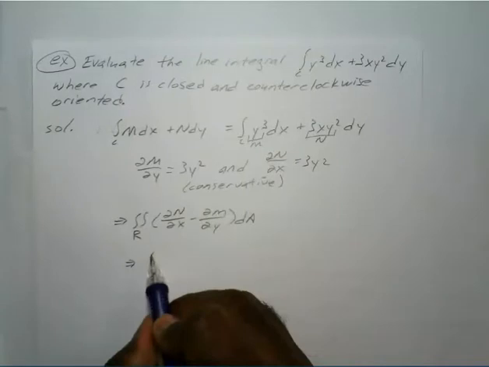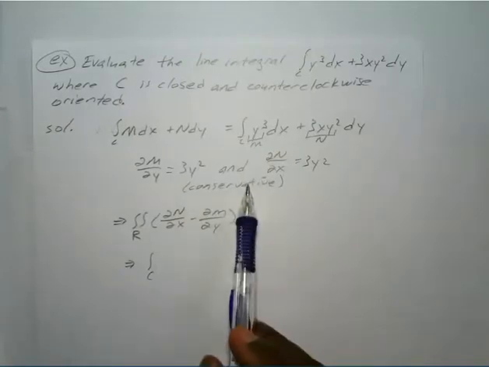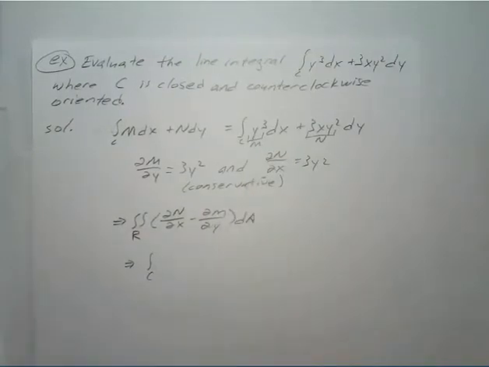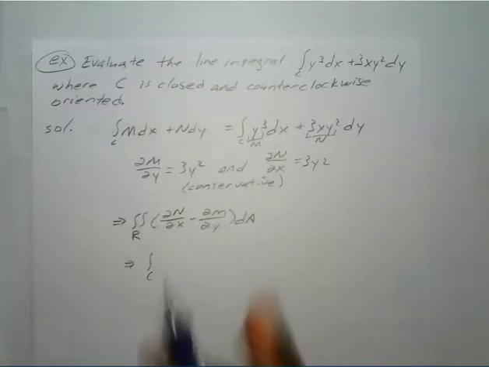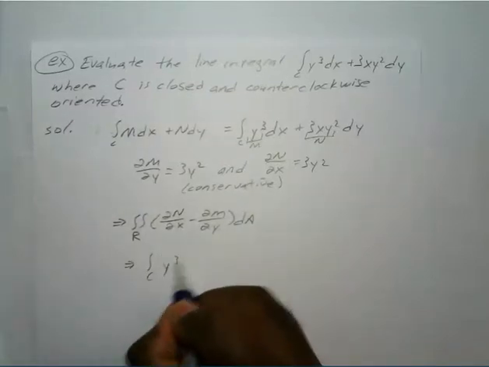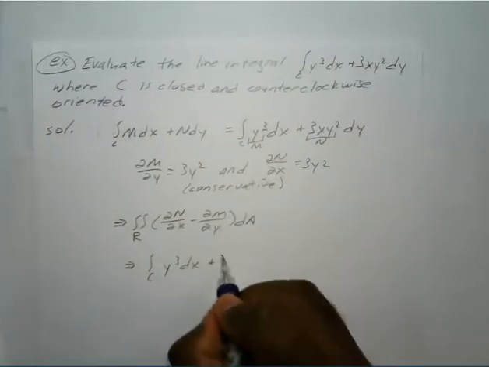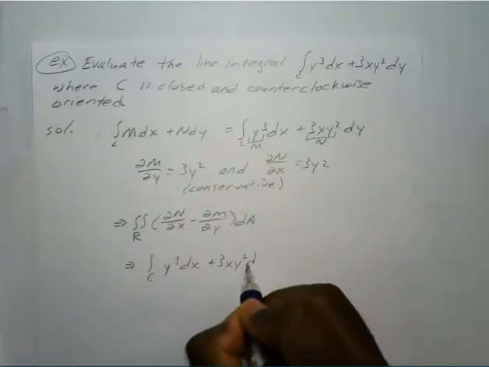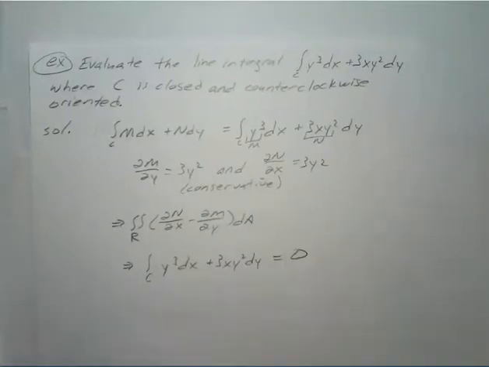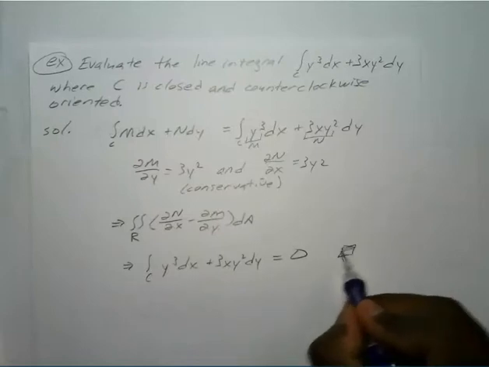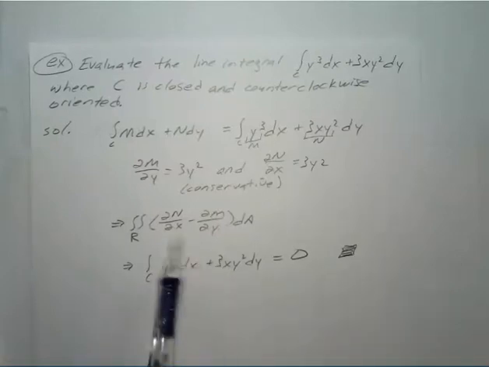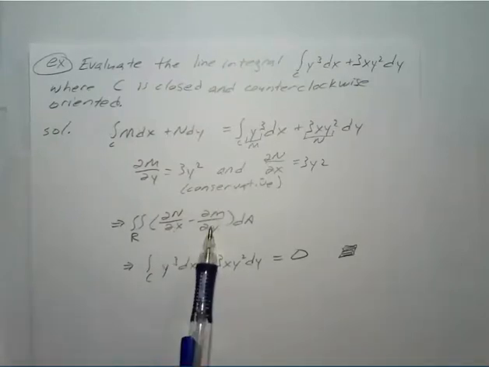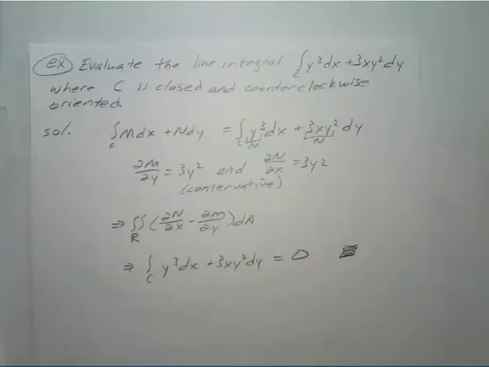Okay, so that means when you have a conservative line integral, then your answer is just going to be 0. Because as soon as you end up with 0 here, it's just going to keep being 0 over and over.